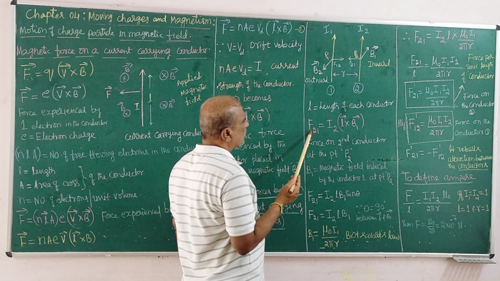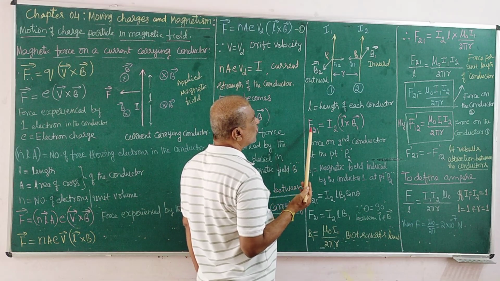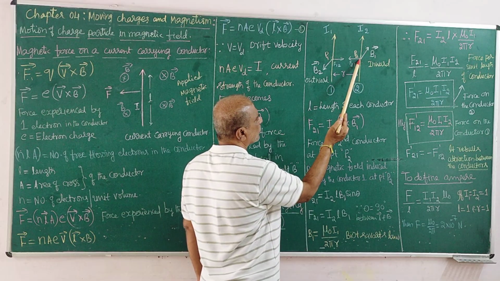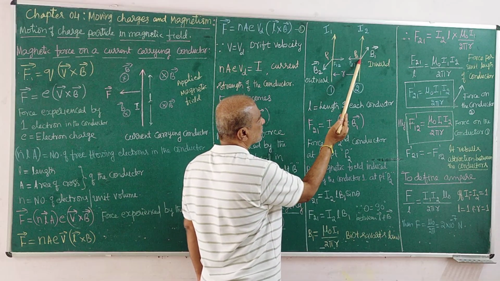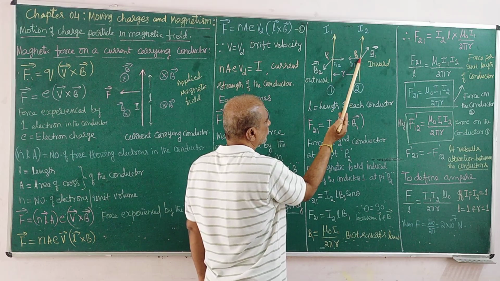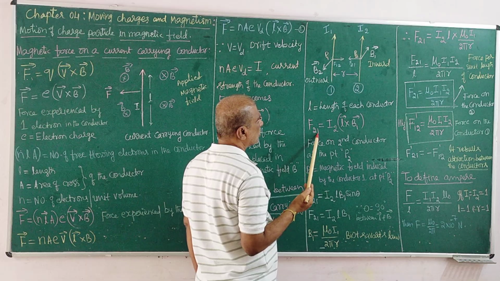See, I am writing this as F21, it is the force on the second conductor at this point. Let me take any point like this, at this point, due to this conductor 1.